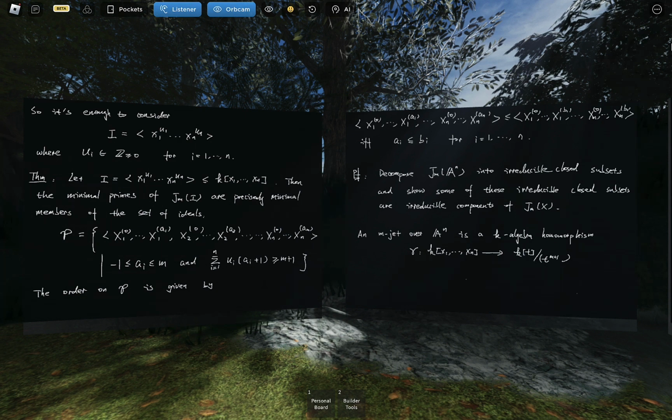So this is completely determined by where we send each variable to.